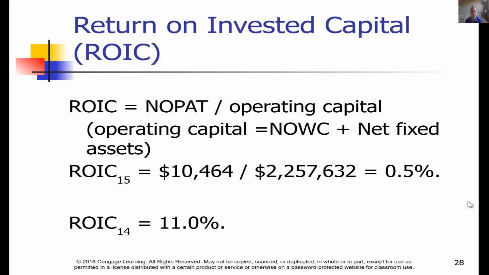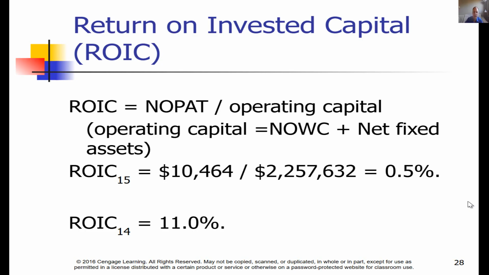There are a lot of different measurements of how a company is performing. We will cover a few of those in this chapter and a lot more in the next chapter. One of them is the return on invested capital, or ROIC, which is defined as NOPAT, net operating profit after taxes, divided by operating capital, where again the operating capital is the net operating working capital, short-term operating capital, plus the net fixed assets.